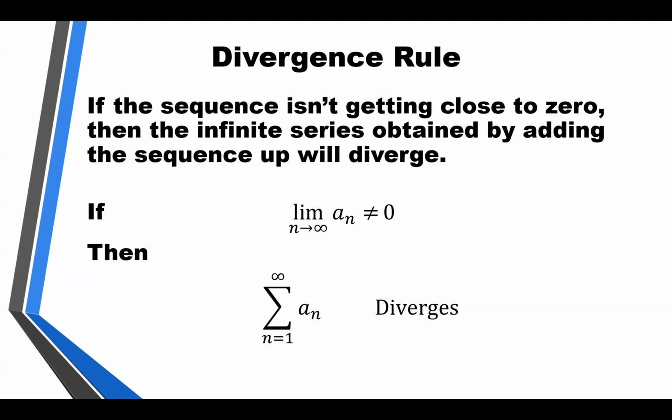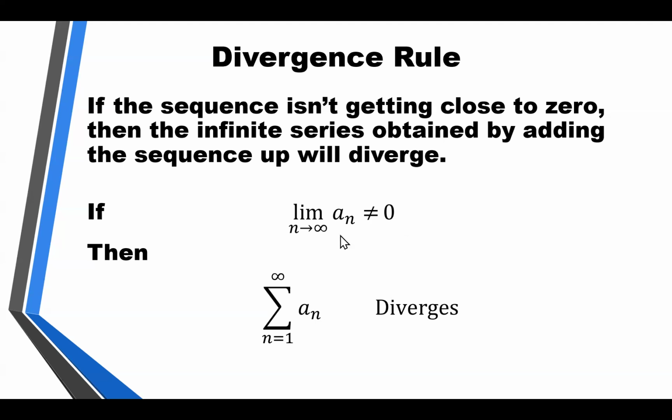Now, I want us to be careful here. We are not saying that if the limit of the a sub n's is zero, then it converges. That's not a result. Sometimes when the limit of the a sub n's is zero, it'll converge.